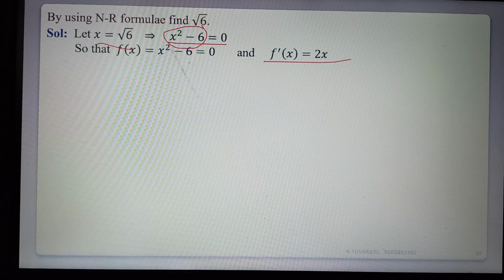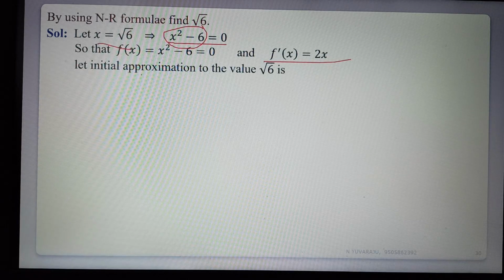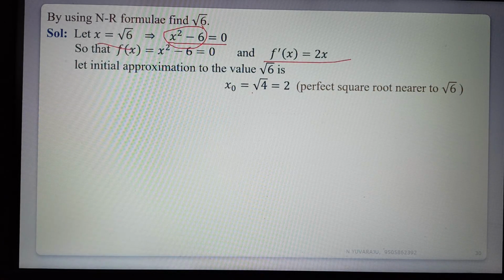Let the initial approximation to the value root 6 be chosen. Which is the perfect square root near 6? Root 4 or root 9. Root 4 is equal to 2, root 9 is equal to 3, and the perfect squares near 6 are 4 and 9, choosing any one. Assume x naught is root 4, that is the initial value is 2, x naught is equal to 2.